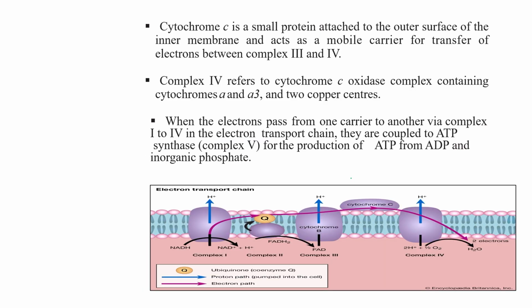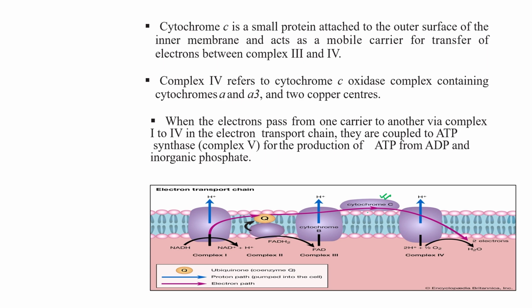Clear? Now this cytochrome C, this one. Here we are talking about this cytochrome C. It is a small protein attached to the outer surface of the inner membrane. As you can see over here, this is the inner membrane and this is the outer surface.